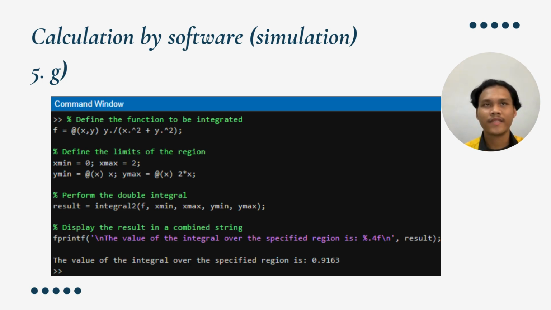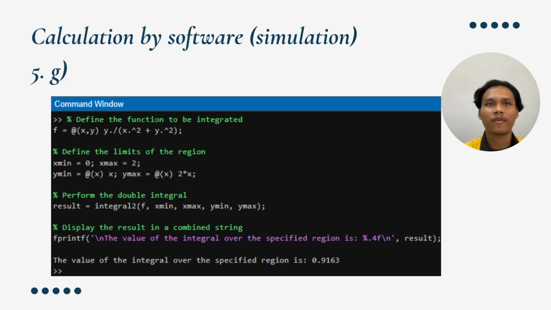Okay, for question 5g, first we define the function to be integrated as usual with the two previous questions. We use alias to create a function handle. Second, we define the limits of the region, which is x min and x max, the limits of integration for the variable x. And then y min and y max are the limits of integration for the variable y.